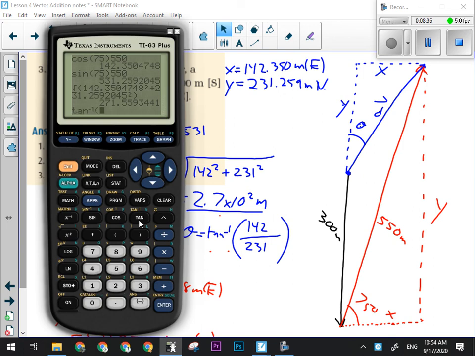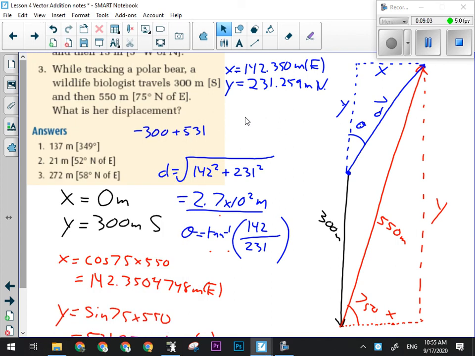So second tan of 142.3504748 divided by 231.259205. All right, so we're getting 32 degrees here. Okay, and for me, that's 32 degrees which way?